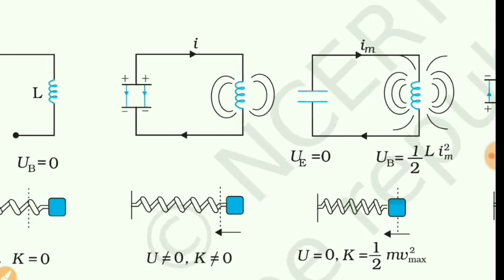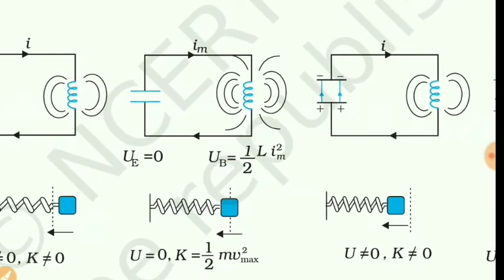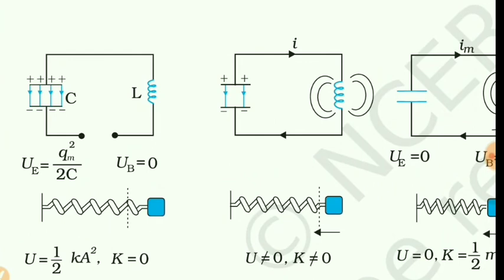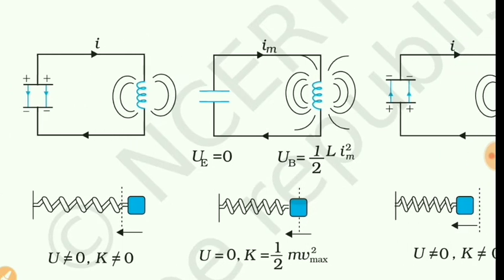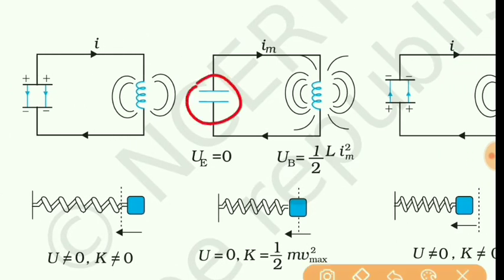You can see in first figure, the upper part of the plate was positive, and now after discharging the capacitor and when it gets charged once again, the polarity of the charge on the plates gets reversed.